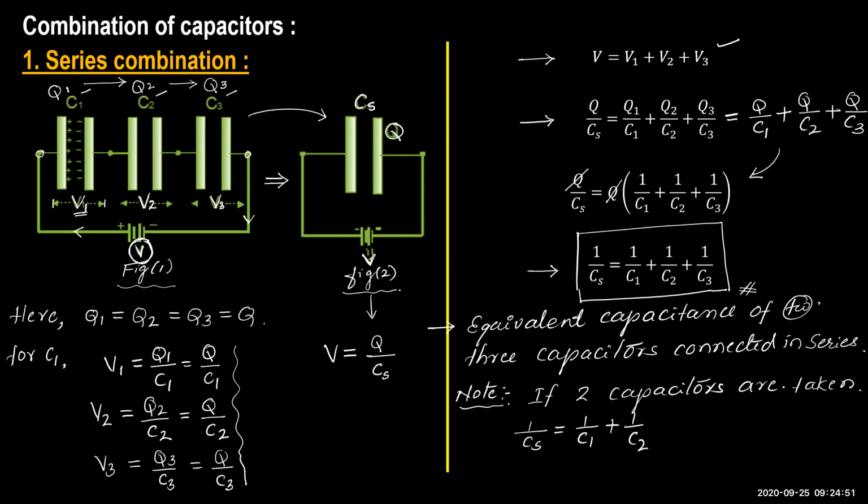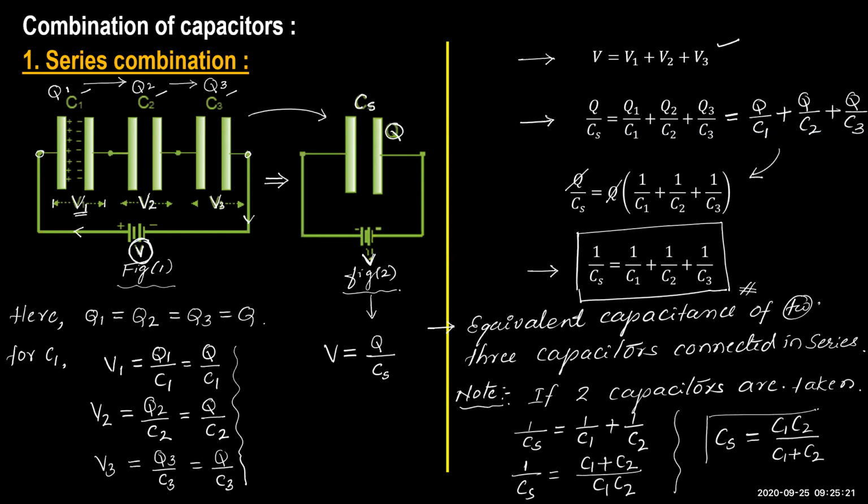When we simplify it, 1 by Cs is equal to, take the LCM. LCM is C1 C2, and when you multiply 1 with C2 and 1 with the other denominator C1, we get C1 plus C2. Altogether, the equivalent capacitance is C1 C2 divided by C1 plus C2.